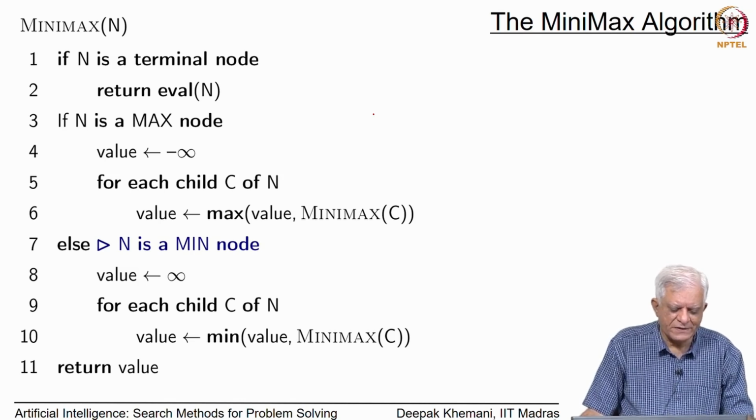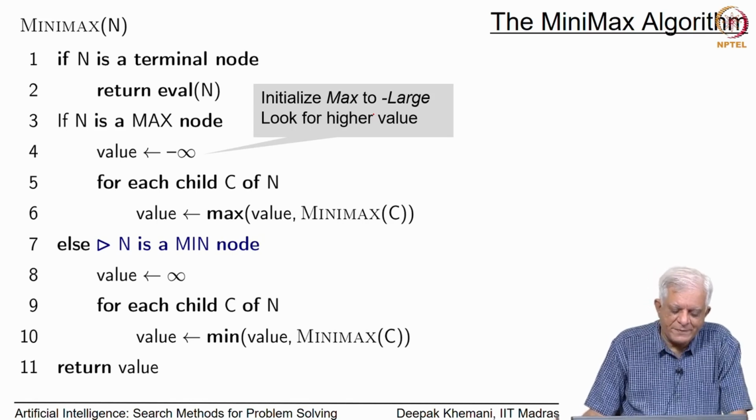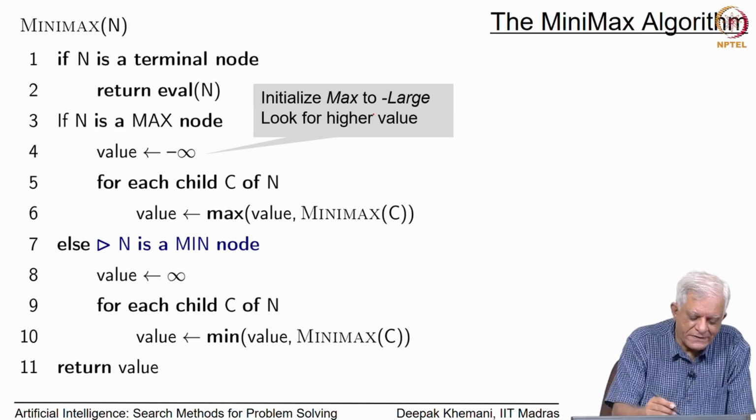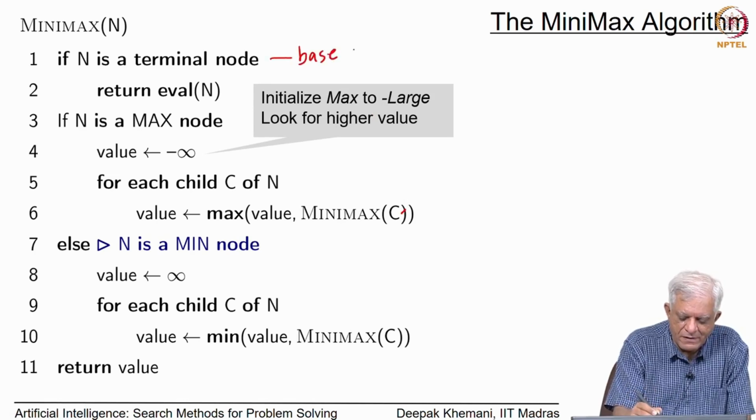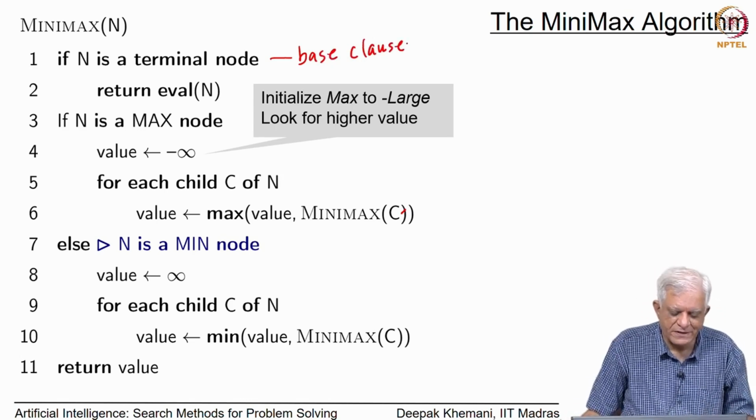In the recursive version we do the following: we initialize max to minus large and subsequently we will look for higher values. Now, the base clause in recursion is that if it is a terminal node, we simply return the value given to us by the evaluation function.